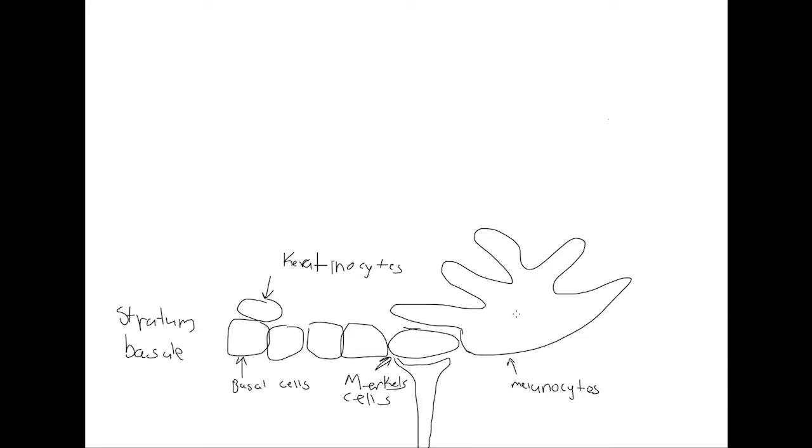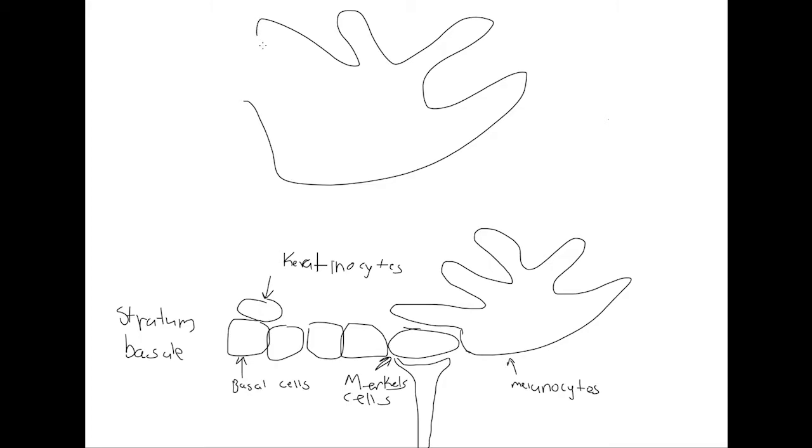Now let's look at a bigger picture of a melanocyte. So this is our melanocyte, right? Just bigger now. And its Golgi apparatus is actually going to give rise to melanosomes.